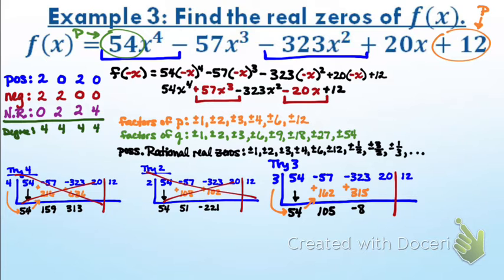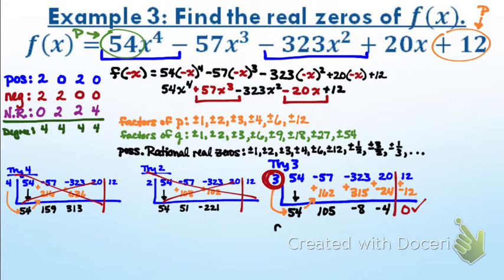Negative 8. 3 times negative 8. Negative 24. Well, that leaves me with negative 4. 3 times negative 4. Negative 12. Finally, we found a 0. All right, so 3 is a positive 0.